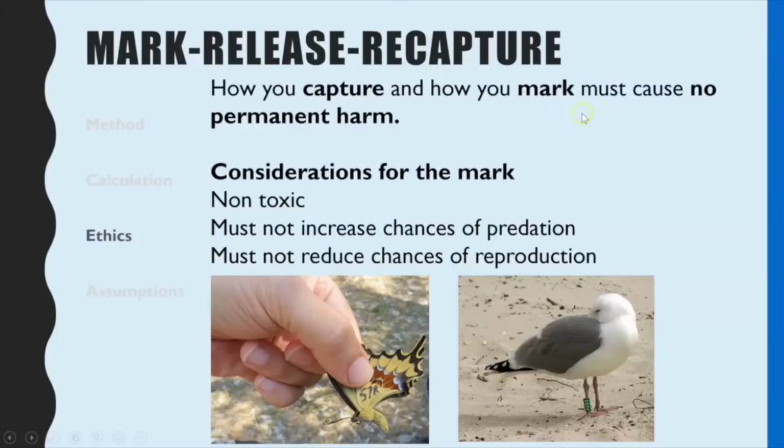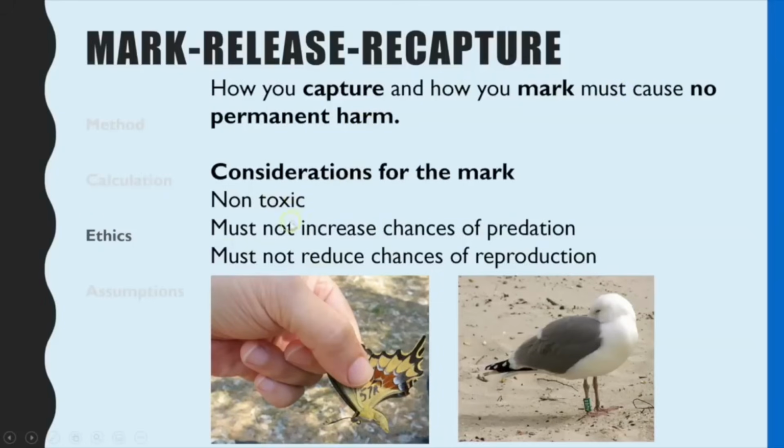What we mean by that is it has to be a method that causes no permanent harm or pain to the animals. So if you were asked how to sample or how to capture bees ethically, that did come up in one of the exam questions, you don't have to give an exact technique of how you do it. You would just say you would choose a method that causes no permanent harm. So that's how you'd capture them ethically.